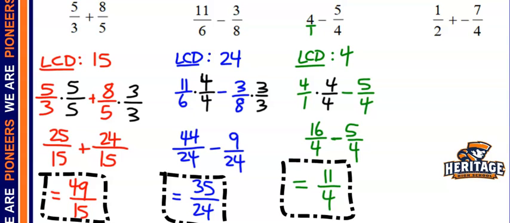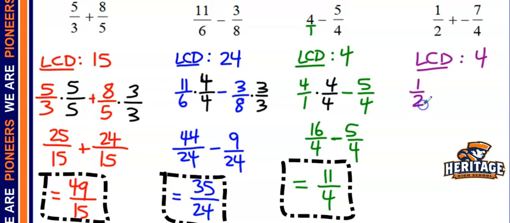1/2 plus negative 7 over 4. So this is plus a negative, and we'll get to how that changes a little bit for us when we get to that. First, establish the LCD. Well, this is also kind of nice. The LCD is 4 for this example as well, which means that we only need to convert one of the fractions, and it's going to be the first one.